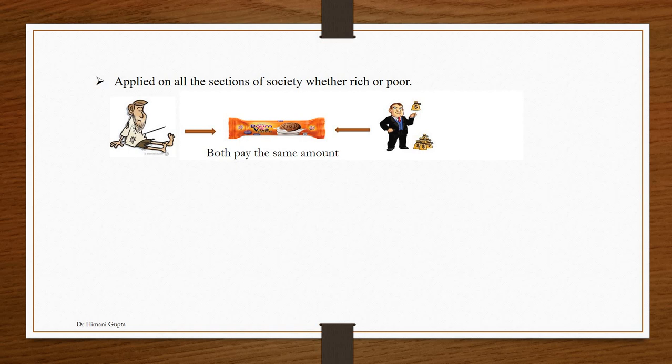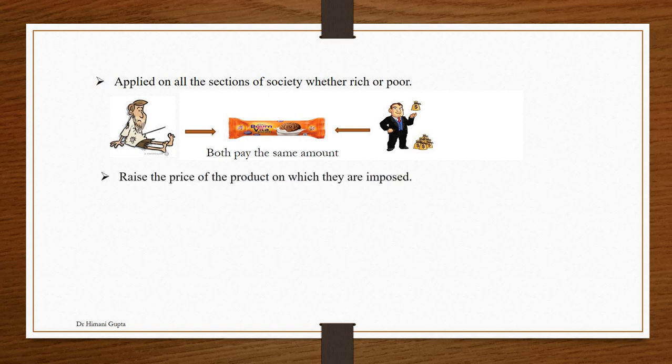So we can say that GST, or indirect tax, is applied on all sections of the society, whether rich or poor. But if we talk about direct tax, in the case of poor people who are not earning, they don't have to pay tax to the government.